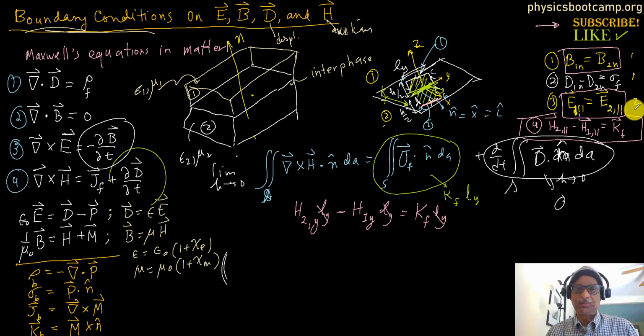In the next video I'm going to try to use these boundary conditions to talk about what are called magnetic circuits. This is a very interesting idea, to think in terms of B flow.